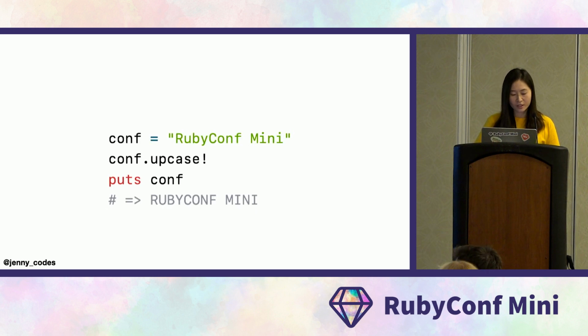Another example, this time we assign RubyConf Mini to this variable conf, and later change it by upcasing it. And we see time. So somewhere between line 2 and 3, some bytes in some machine switched in, and in this case, it's my machine. And the value of this variable conf is no longer the same.